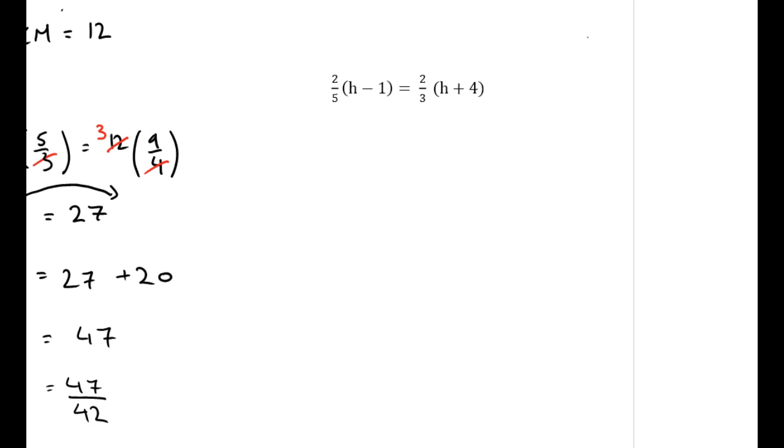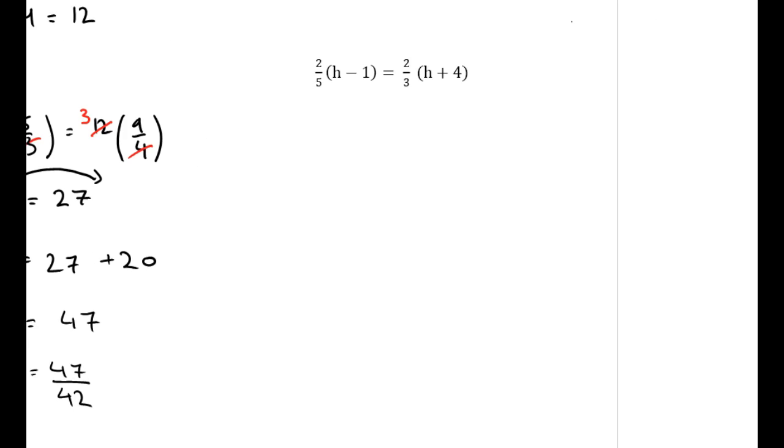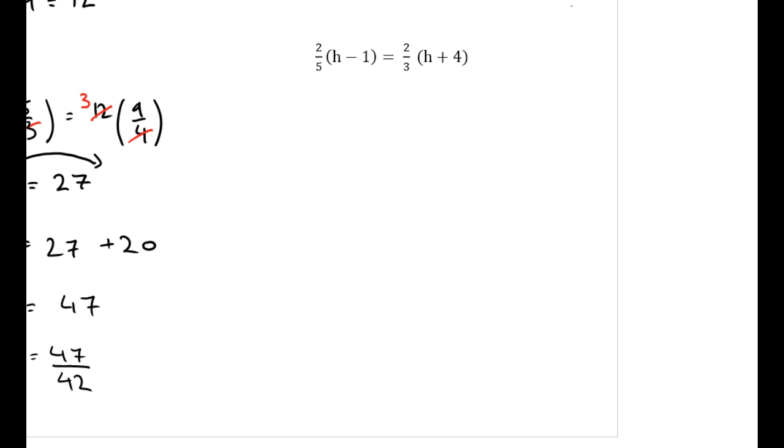And now we have some brackets. I have 2/5 times the bracket h minus 1, equals 2/3 times the bracket h plus 4. So imagine trying to distribute this into every bracket here and get rid of the brackets. Well, that would create a lot of fractions and a lot of work for you.